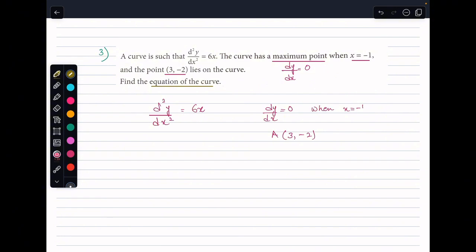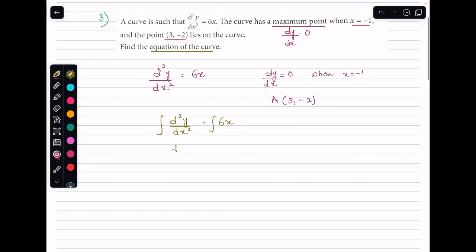We know integration is the reverse process of differentiation, so I should be integrating d2y over dx squared. This is going to be the integral of d2y and the integral of 6x dx. If I integrate this, I shall have dy by dx equal to 6 x squared, since x to the power 1 plus 1 gives me a square, divided by 2, and adding a constant.